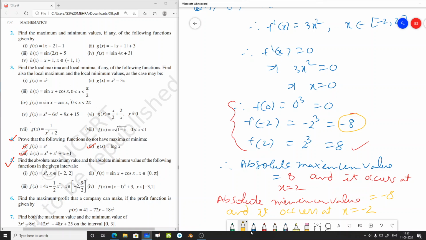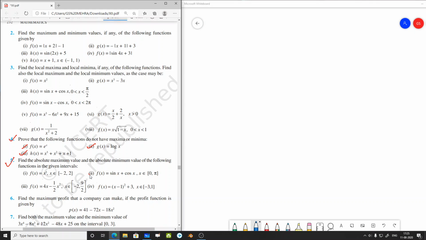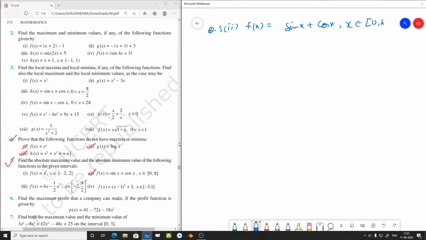This is how you can do also the remaining parts. Now we'll do question number 5 second part. f(x) equal to sin x plus cos x, x belongs to the closed interval 0 to pi. So now first of all we'll find f dash x. f dash x equal to, derivative of sin x is cos x and derivative of cos x is minus sin x.